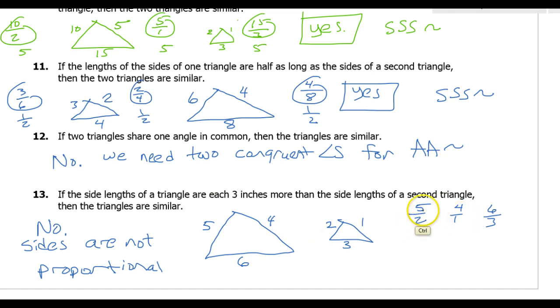In other words, all of these fractions have to give me the same scale factor. 5 over 2 as a decimal, that would be 2.5. 4 over 1 is just 4. Those are not equal. 6 over 3 is 2. These are not equal. All three of these would have to be the same if the triangles were similar. And they're not.